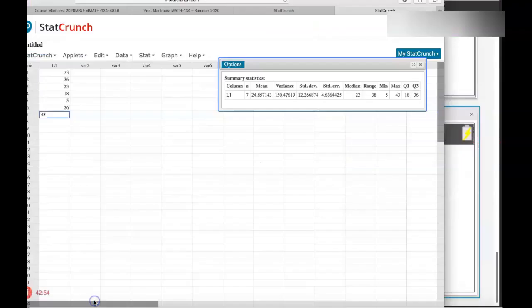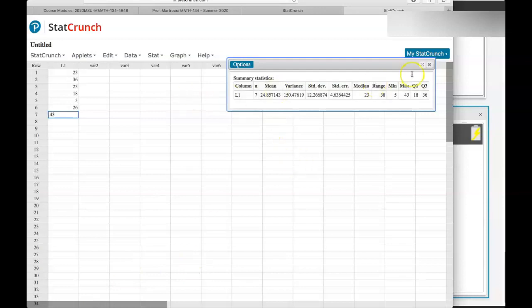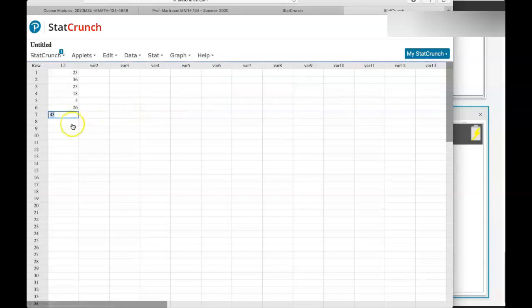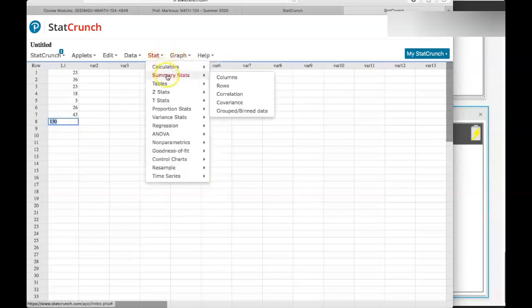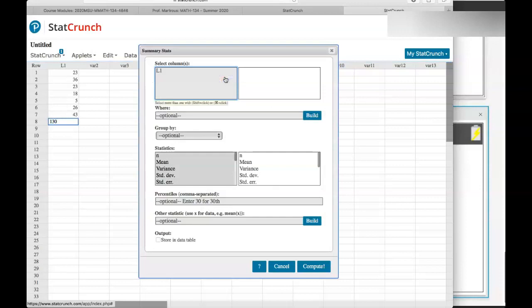Okay. So we had this one for before the new hire, and we added one more. Exactly the same numbers, but adding 103 here. Again, stat, summary stat, columns.